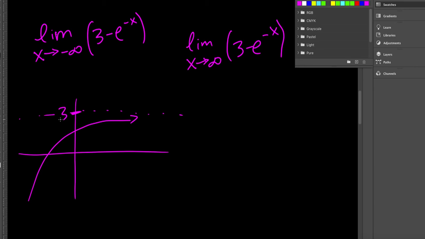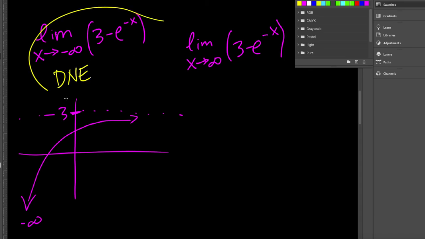Okay, so if we're looking at the first one, the one where we're approaching negative infinity. So as x approaches negative infinity, we go down, and we go all the way down to negative infinity. And so what that means for the limit is that the limit does not exist.